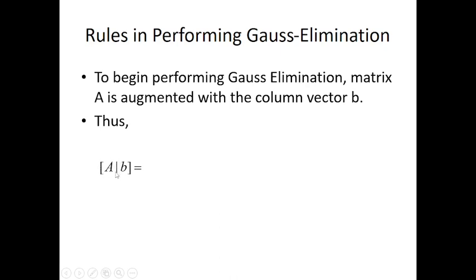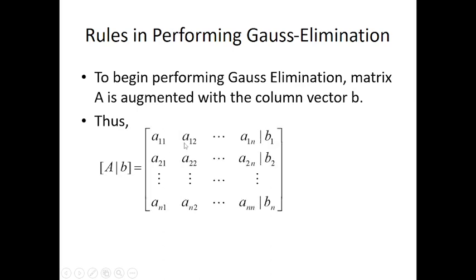So this is the notation. We have a bracket, and then inside the bracket, we have matrix A. And then, as you notice, there is a separator, meaning matrix A is segmented with the column vector B. So this is our column vector B. In short, here's the illustration.